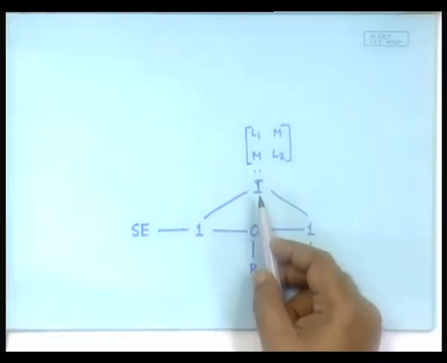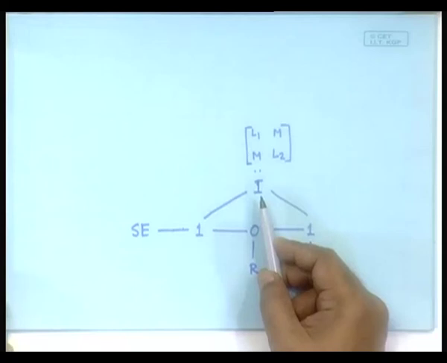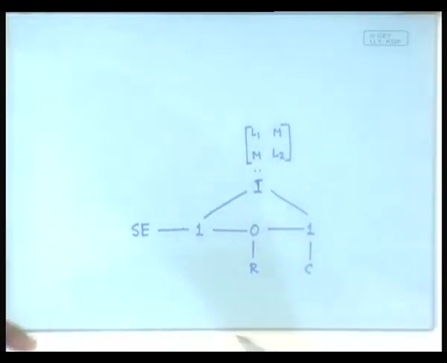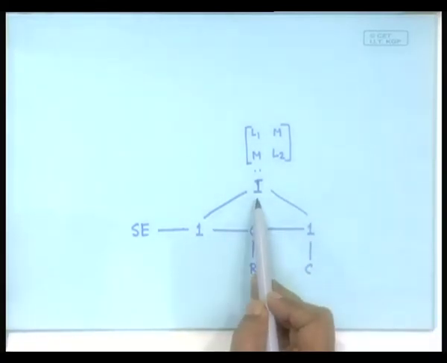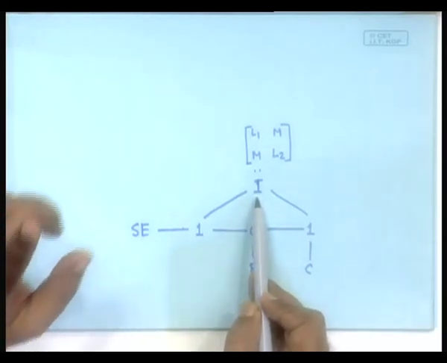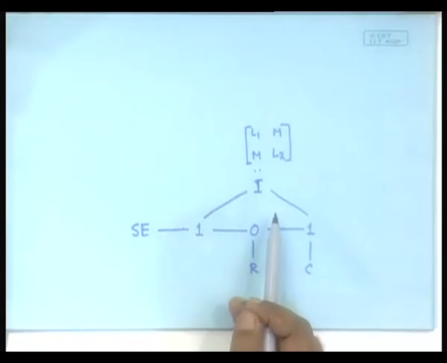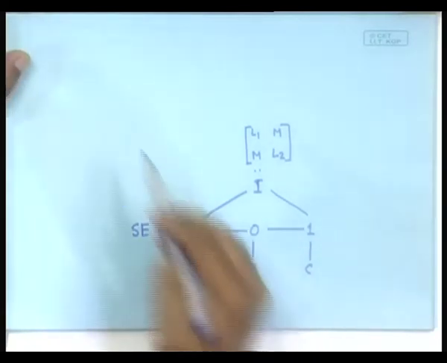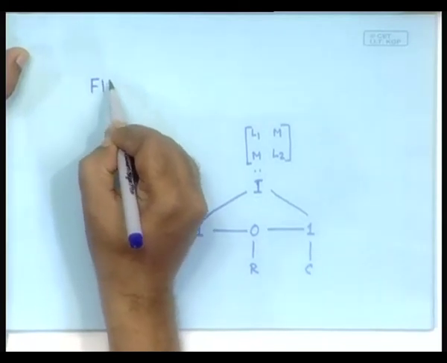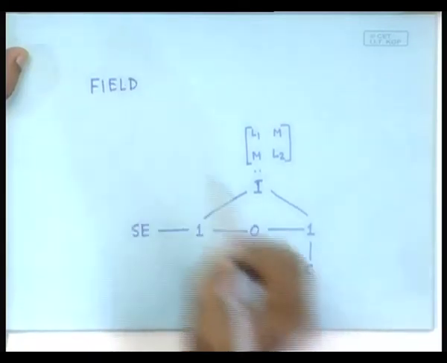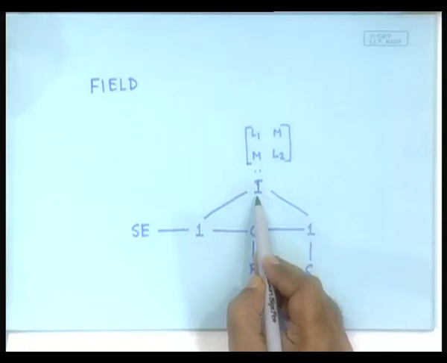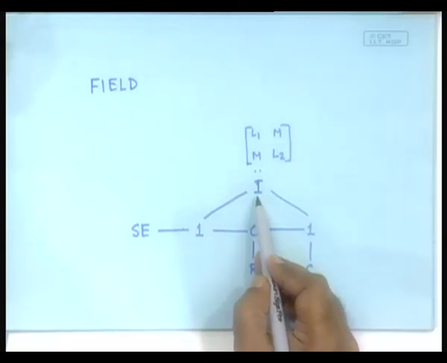These are two port I elements. Under such situations, you will have an I element with two ports. Is the concept understood? Why do you sometimes need a two port I element? These are also called fields. So, this is an I field. An I field means a two port I element.